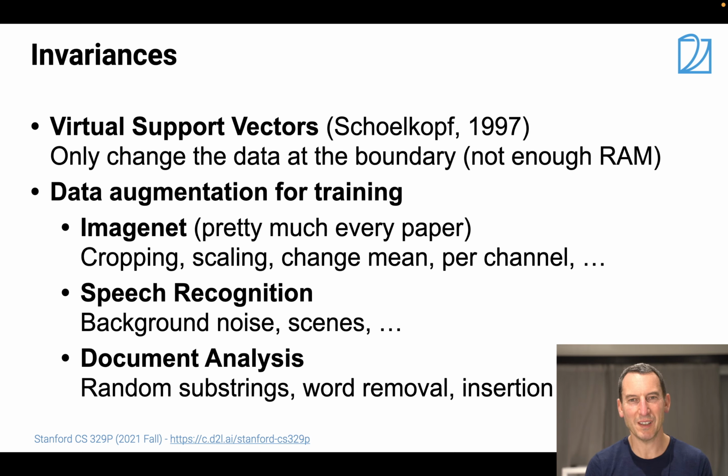So he only had to add virtual examples when they were close to the margin, and otherwise he didn't have to. By now, this is pretty much standard. For ImageNet, for instance, pretty much every paper adds invariants: crop, scale, change the mean per channel, and all of that. So this is a very straightforward thing.